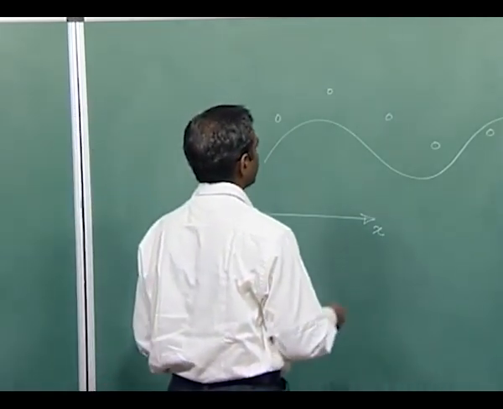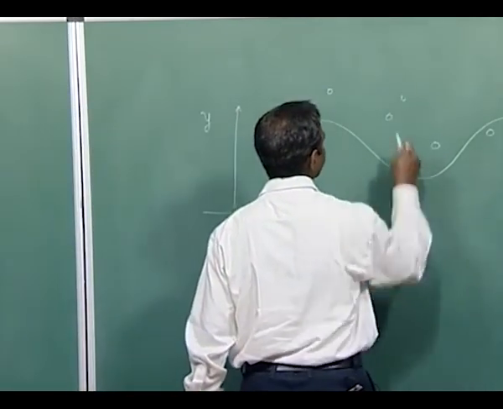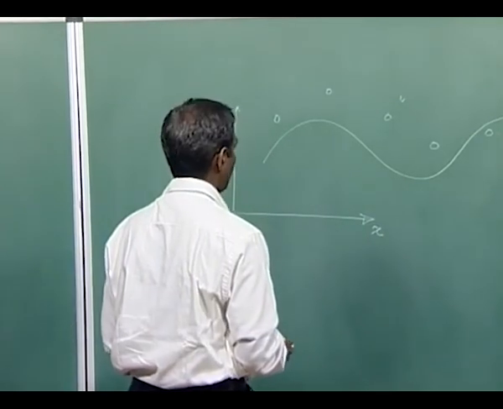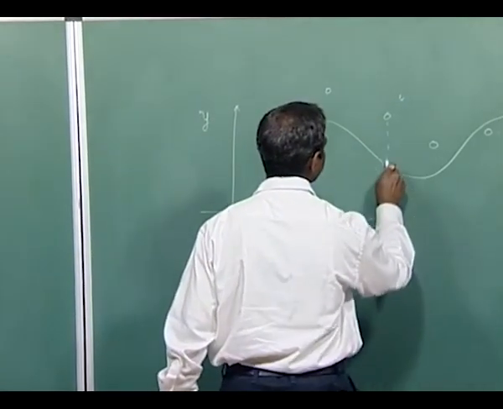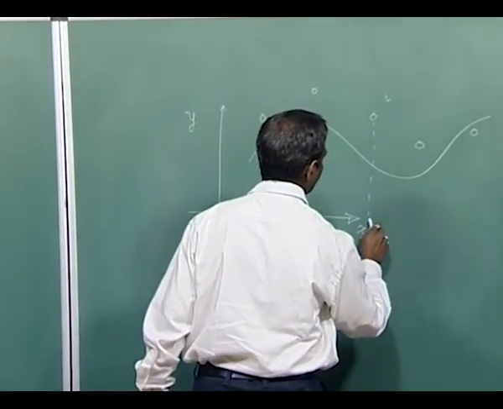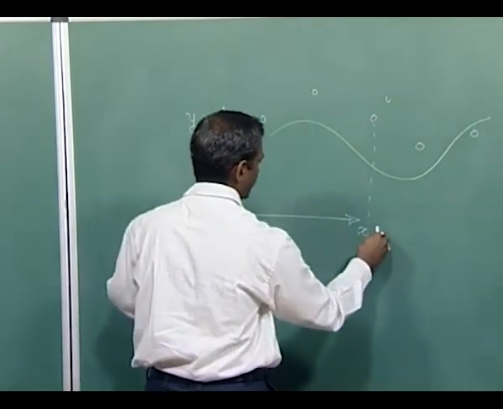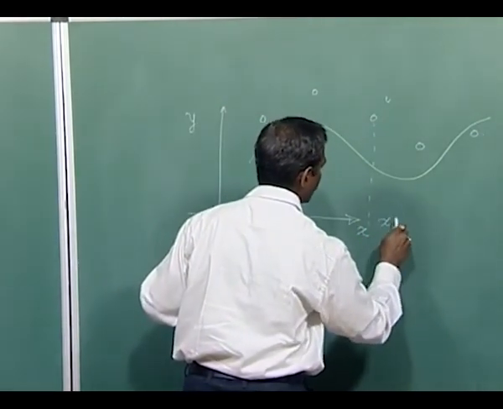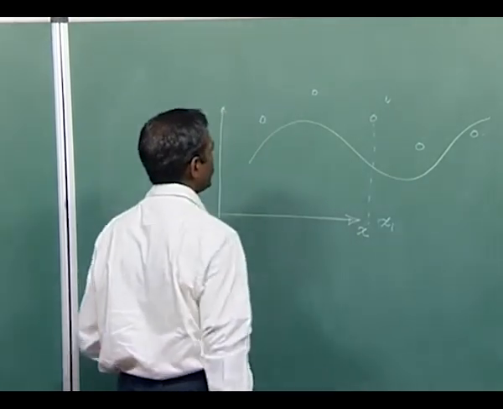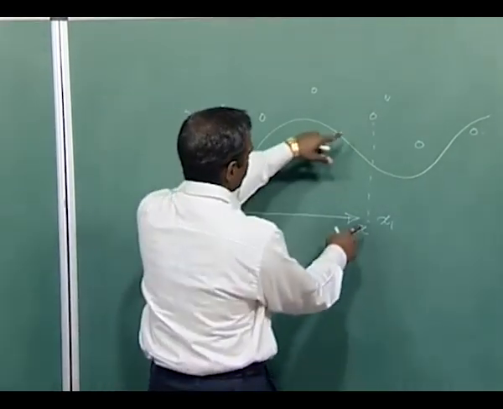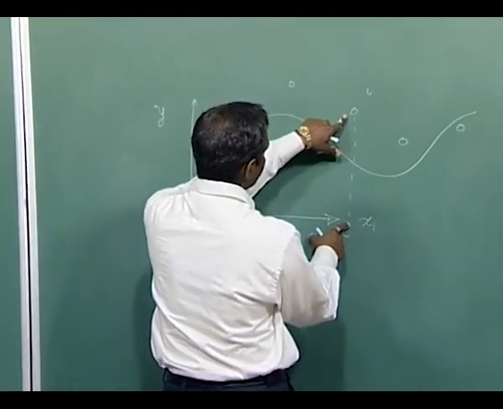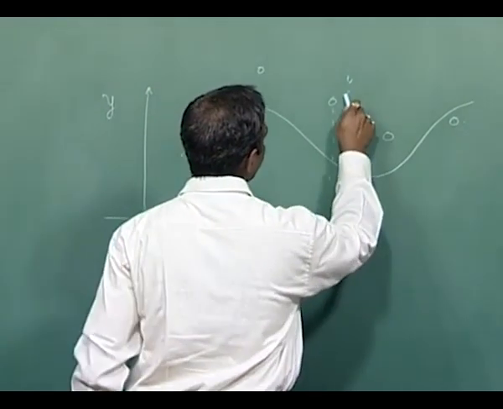Let me take any point. Let's say this is point i. Let me draw a vertical. This distance here is x_i, which is the abscissa of this point. And this distance, the ordinate of this point, is y_i.